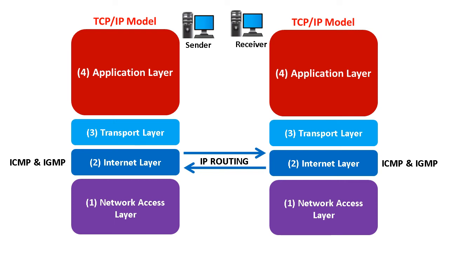IP is the most important protocol at this layer. The protocols used at this layer are Internet Control Message Protocol, in short ICMP, and Internet Group Management Protocol, in short IGMP. The PDU at this layer is the packet.